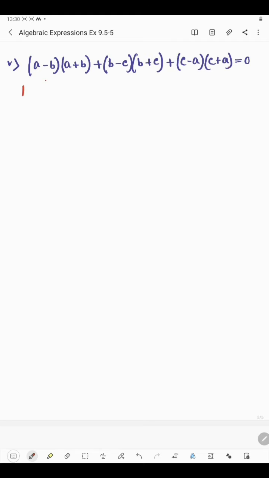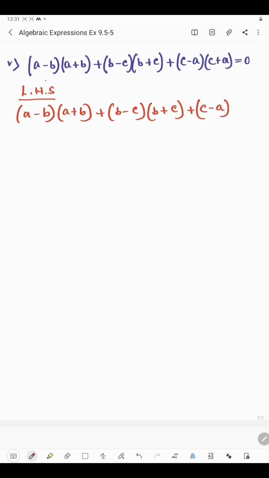So we have to solve the left hand side at first. So it's (a − b)(a + b) + (b − c)(b + c) + (c − a)(c + a).